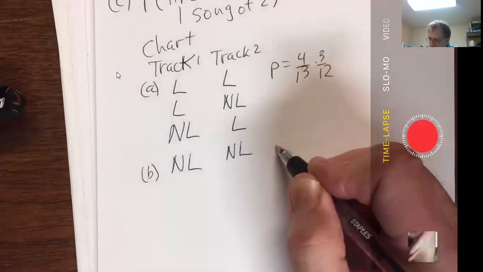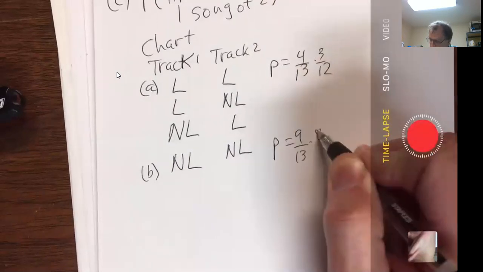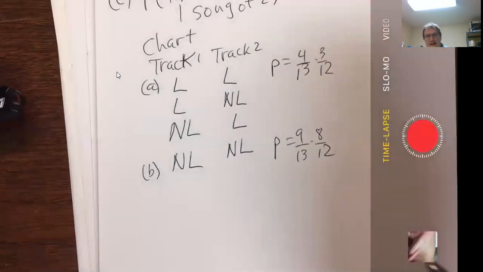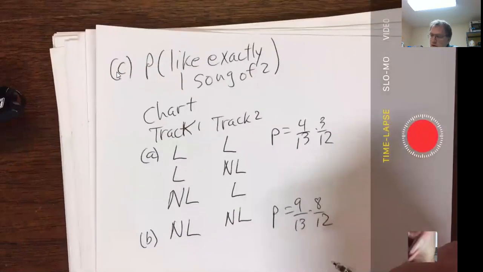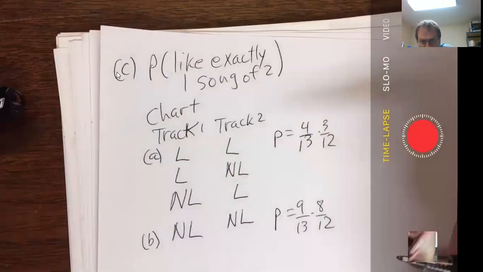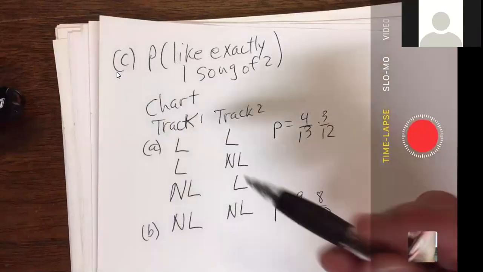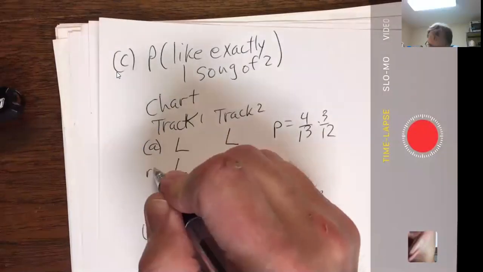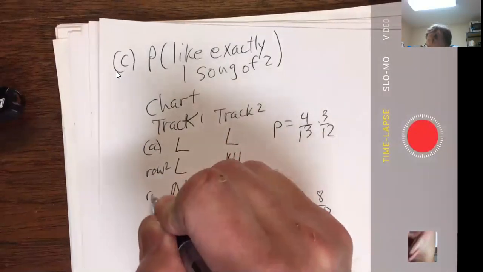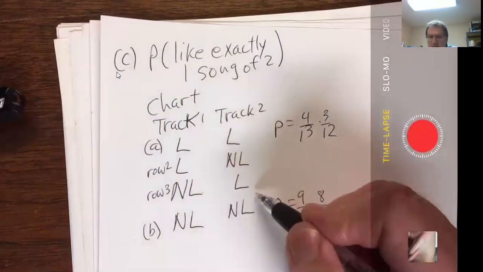And in part B, row 4 was 9 over 13 times 8 over 12. Which rows correspond to like exactly 1? The second and third. We'll call them row 2 and row 3. Got to have both rows. And you work both rows out exactly like this.